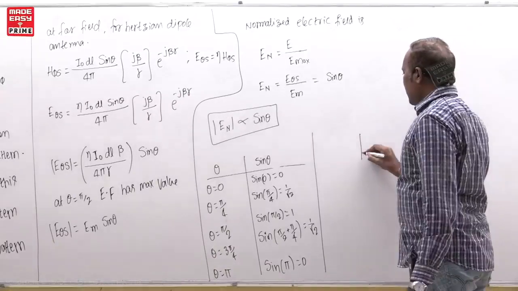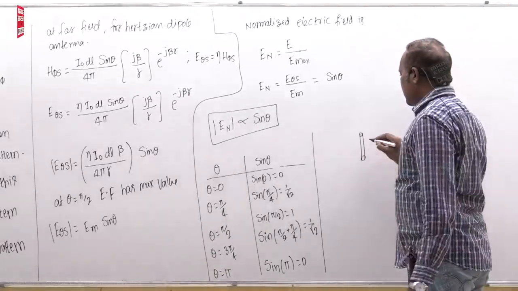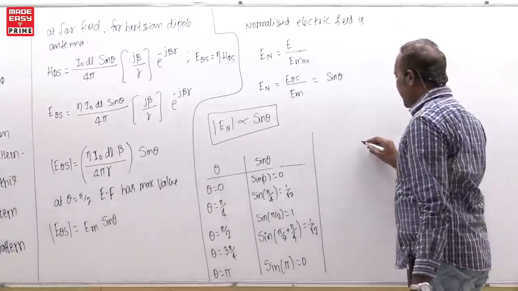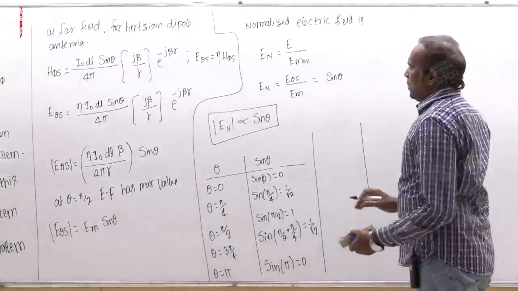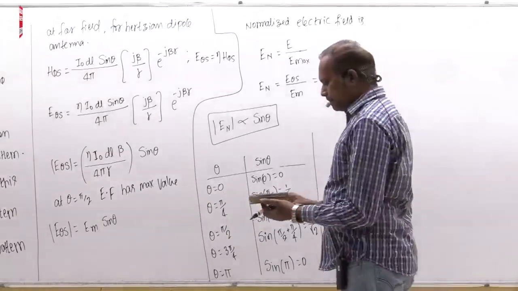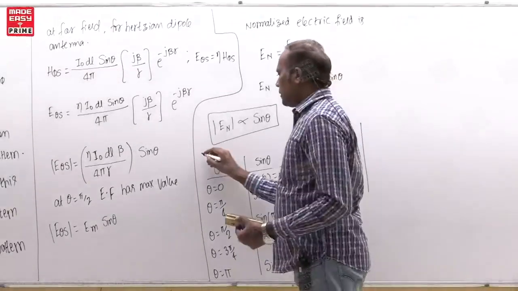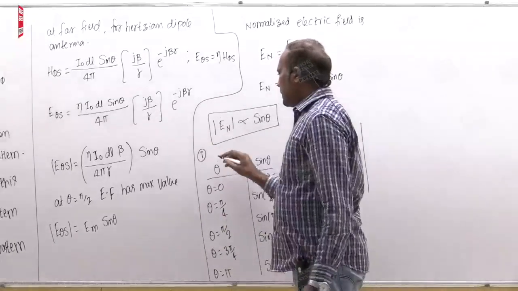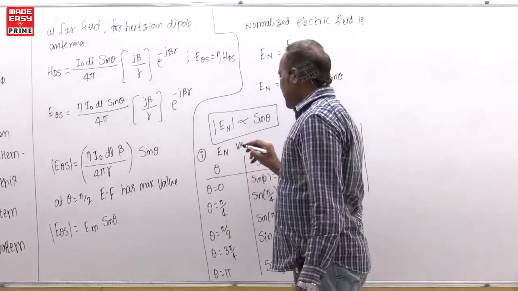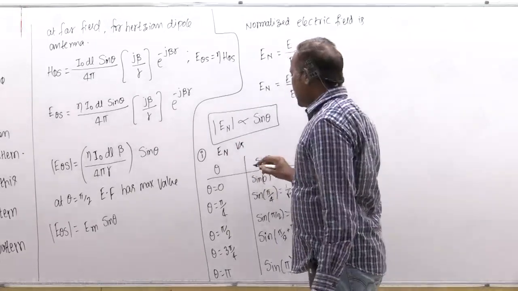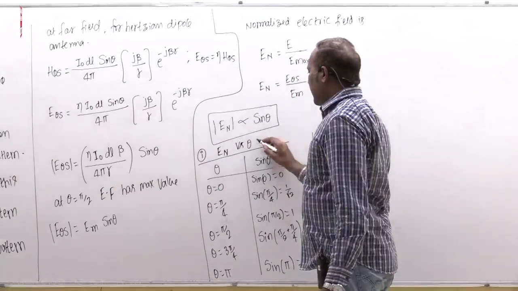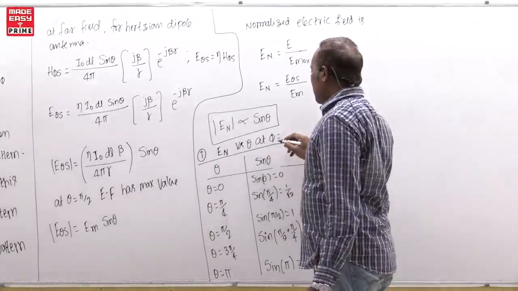So Hertzian dipole was like this. Otherwise no need to take Hertzian dipole, later on I will take. Here the first plot is electric field normalized versus theta, because we are changing theta at phi is equal to constant.